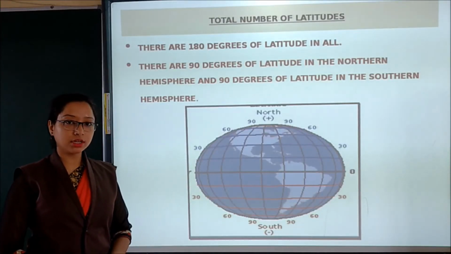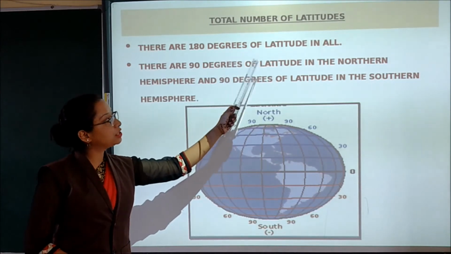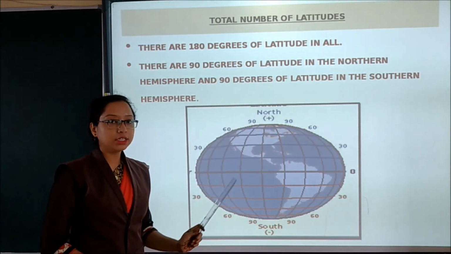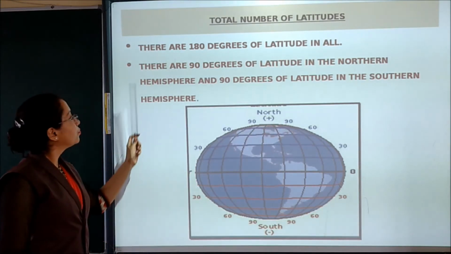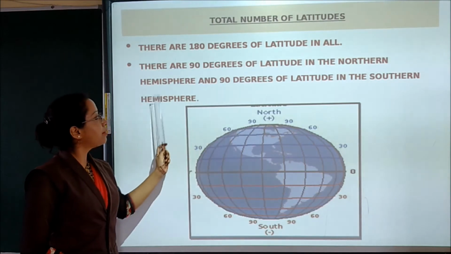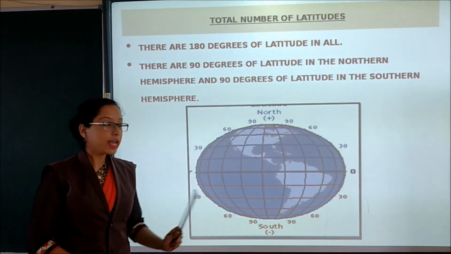Numbers of latitudes are there. So there are 180 degrees of latitude in all. There are 90 degrees of latitude in the northern hemisphere and 90 degrees of latitude in the southern hemisphere.